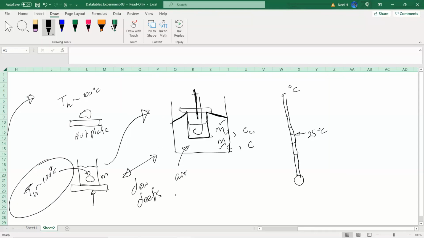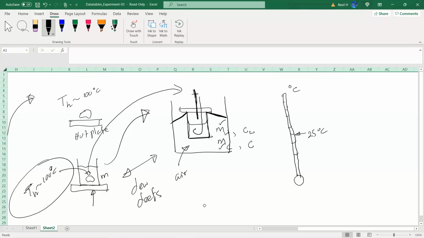And when I transfer the object, there's another error, because as I bring the object from here to here, it is outside, so it's losing some amount of heat. We can't do anything about it. We're going to lose a little bit, but we have to do that transfer as quickly as possible, within a few seconds, like within 5 seconds should be fine. Then that's it. After you put that object in, the hot object goes in, and now it becomes a system.